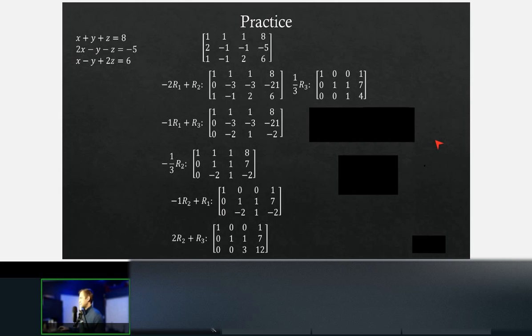So let's talk about the operations here. Remember, we are trying, so which row are we trying to change? We're trying to change row two.